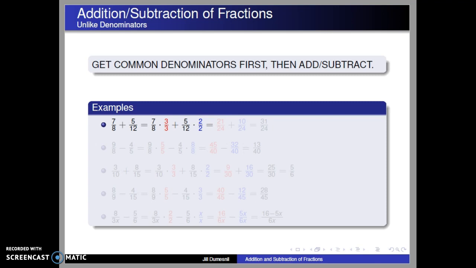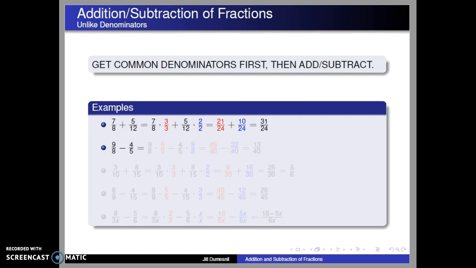The multiplication, which has priority over the addition, produces 21 over 24 plus 10 over 24. Now we have common denominators, so we can add the numerators and get 31 over the common denominator of 24. Fortunately, no additional simplification is necessary.